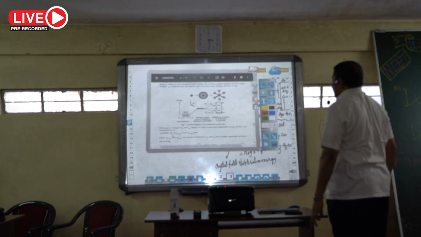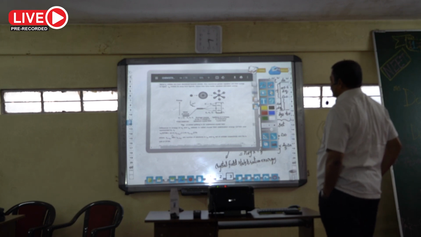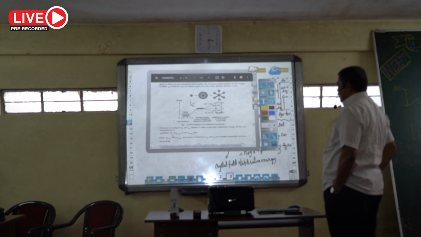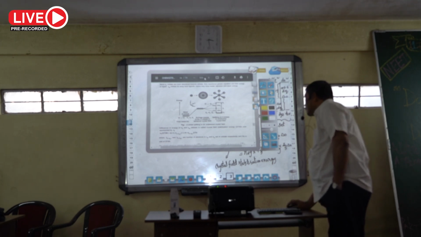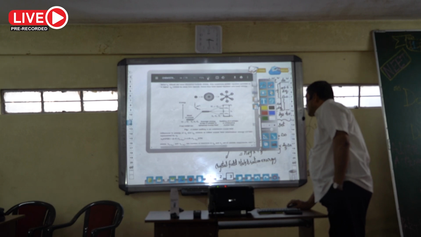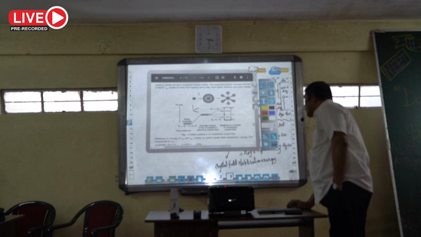So this is the diagram I have given, splitting of d orbitals into two sets.